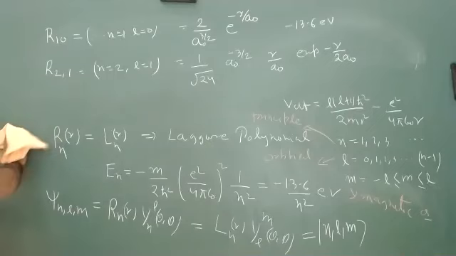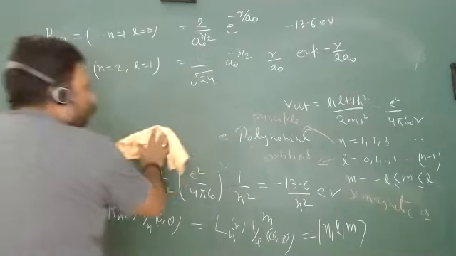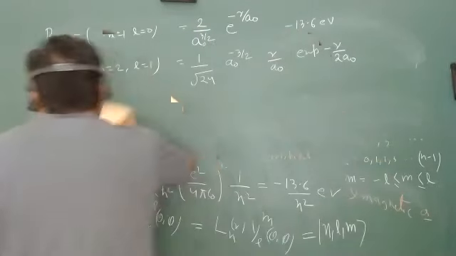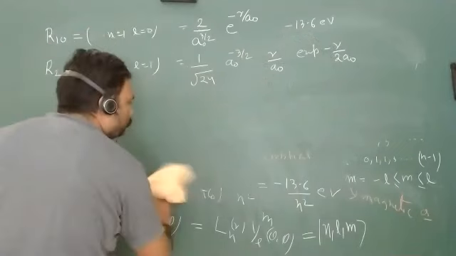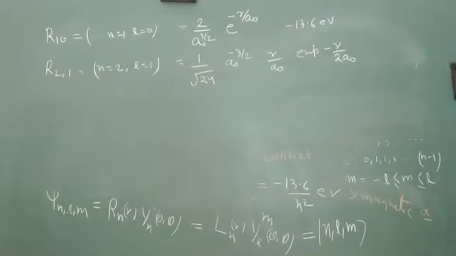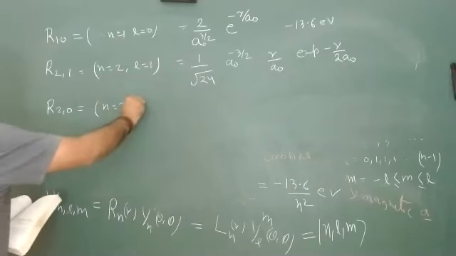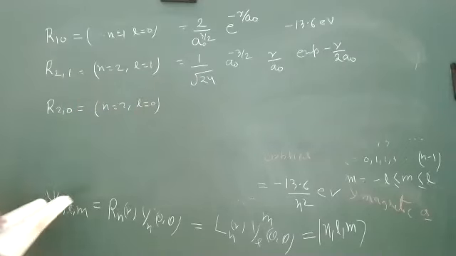Similarly, we can go for R20. That means n is equal to 2, L is equal to 0.